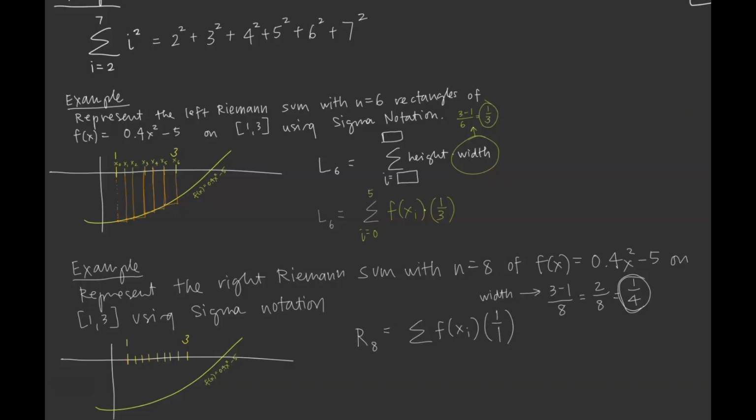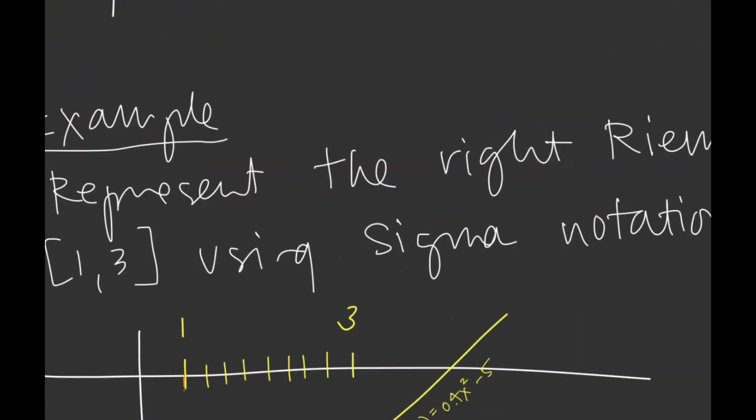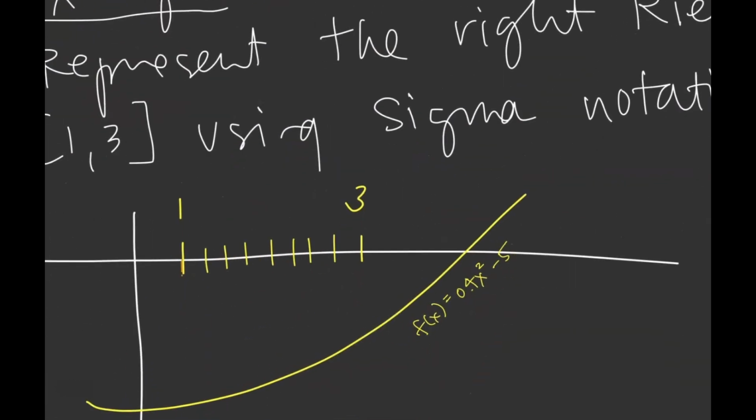So the 1/4 goes here, that's the width of each rectangle, and the height of each rectangle is f of x sub i. We have to figure out which xi's we're talking about. So if we still call this one x0, x1, x2, x3, x4, x5, x6, x7, x8. Now this time, for each interval, we're going to use the right side.